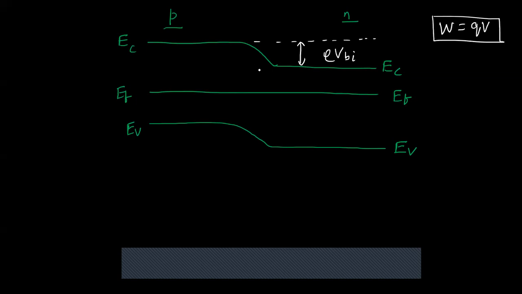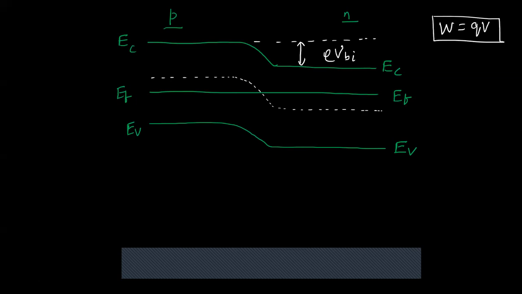And then, for convenience, we can show the Fermi energy level, which is somewhere in between the conduction band and valence band, and which will also bend by the same amount as the conduction band and the valence band.